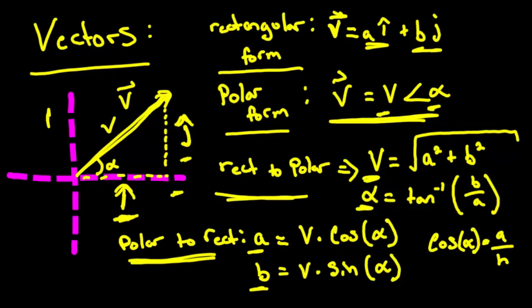And because in this case h is v, we have v times the cosine of alpha is equal to a, the adjacent side. And the same goes for b, the y component. So we derive that from trigonometry and right triangles.